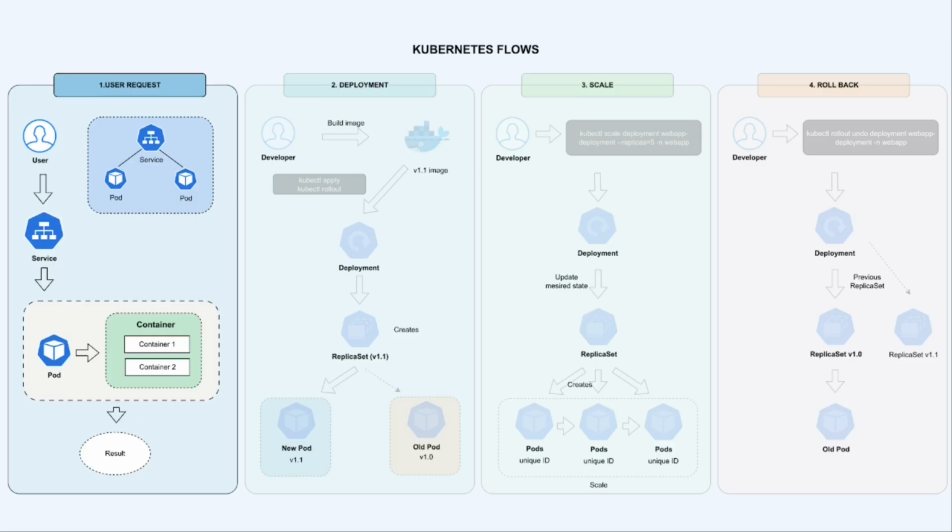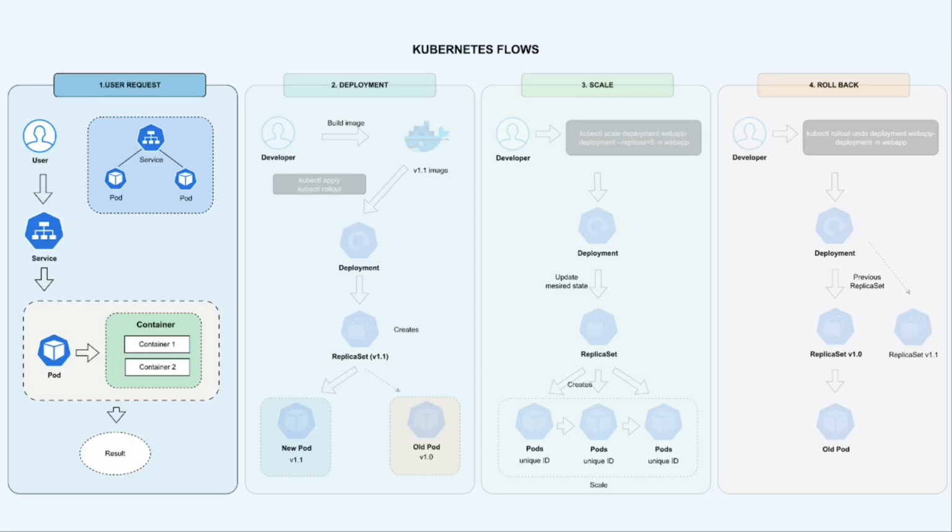Inside the Pod, there is a container running the web application, such as Nginx, Node.js, or a PHP application. The container processes the request and returns the response back to the user.